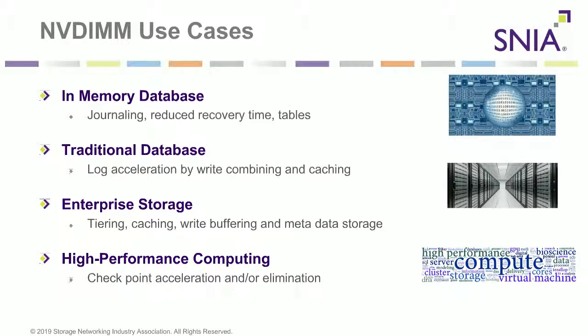It's like a landing zone, and you acknowledge to the requester that, hey, I've received the IO. So this is a perfect caching or buffering device. Traditionally, the RAID systems in the past were using battery-backed DIMMs. There are a lot of disadvantages with that. NVDIMM is a true replacement for that technology.